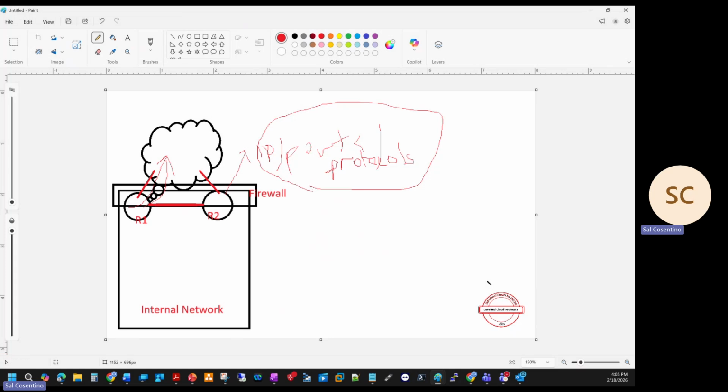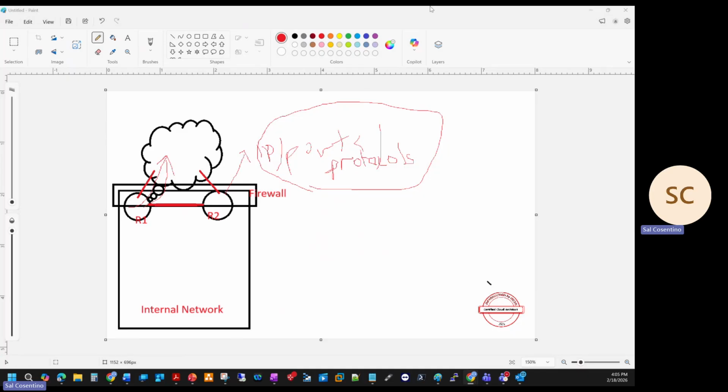So from a security perspective, one of the architectures, our first architecture, is the perimeter firewall. This right here is a traditional boundary protection.